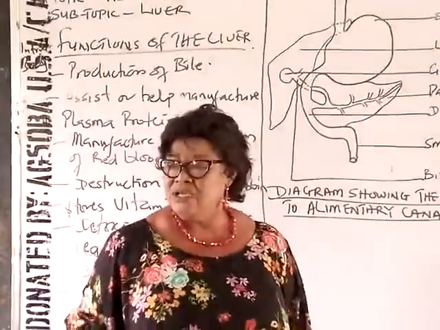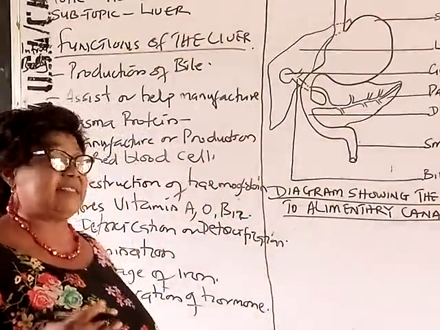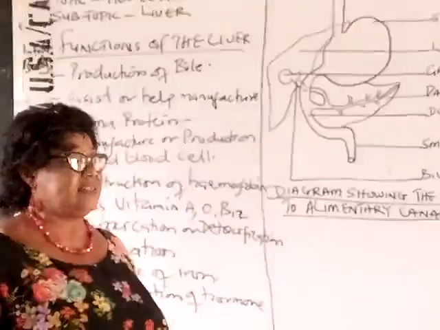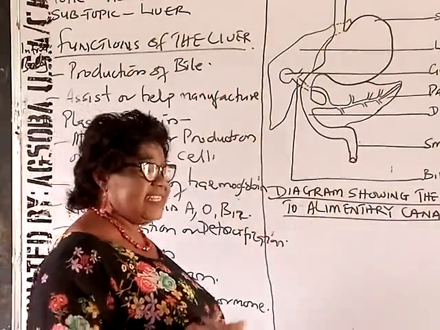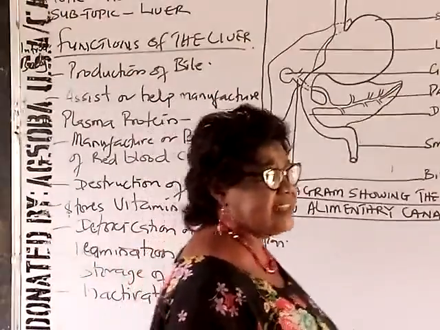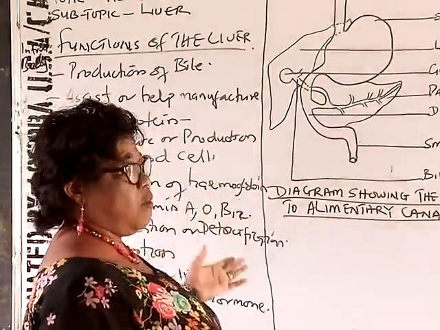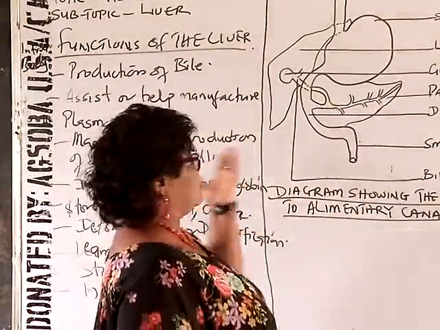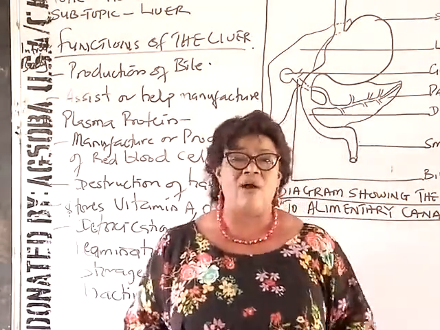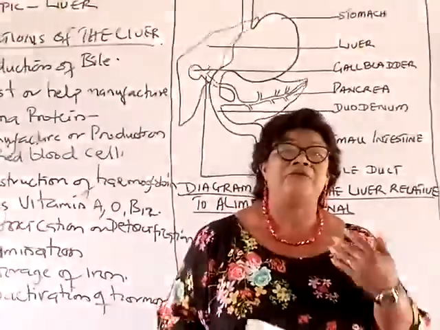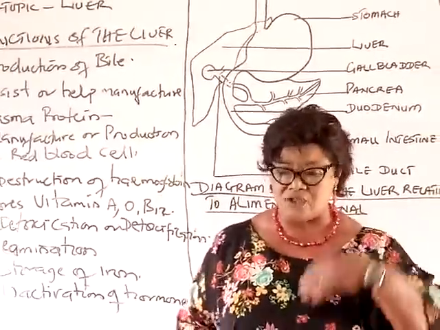We have mentioned some important functions of the liver as an organ, an organ that is involved in homeostasis to make sure there is steady state maintenance of the internal environment. The first one, production of bile. The second one, it helps to manufacture plasma protein. The next one, they form red blood cells. The next one, they are involved in the destruction of hemoglobin.